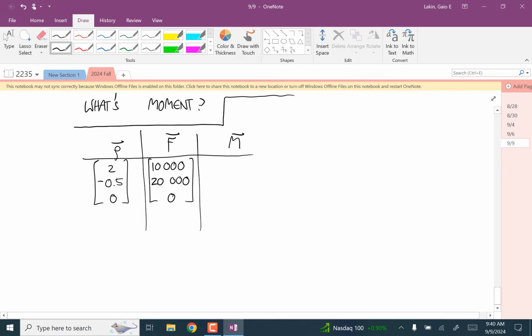And then for the cross product, it's 2 times 20,000 minus negative 0.5 times 10,000. So that's 40,000 plus 5,000, so 45,000. And the units are Newton meters.